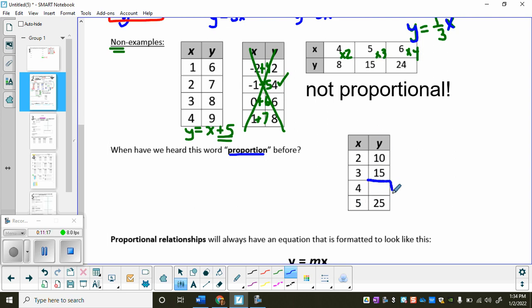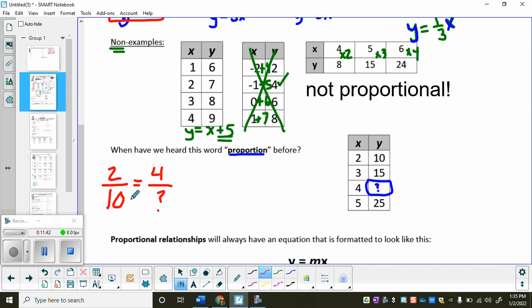This right here is something I do not know. I do not know what this thing is. All right? But I know that a 2 matches up with a 10. So for example, a 2 matched up with a 10. This input had an output of 10. So then my input of 4, if I have a 4 here, then its output would be the question that I don't know right there.